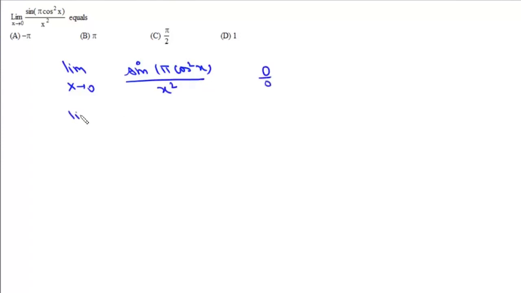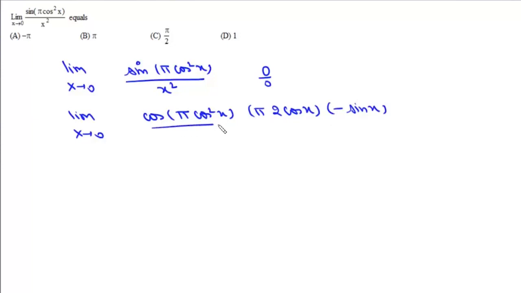We'll use L'Hopital's rule, so it will be limit x tends to 0 cos(pi cos square x) into pi into 2 cos x into minus sin x, whole divided by 2x. Now this 2 and 2 will cancel.